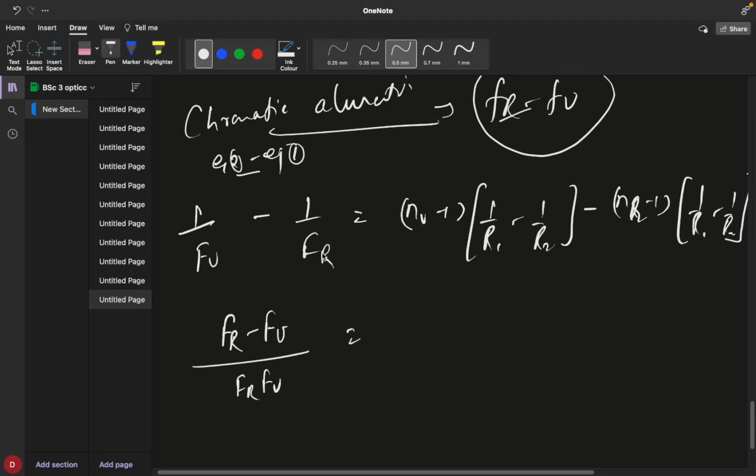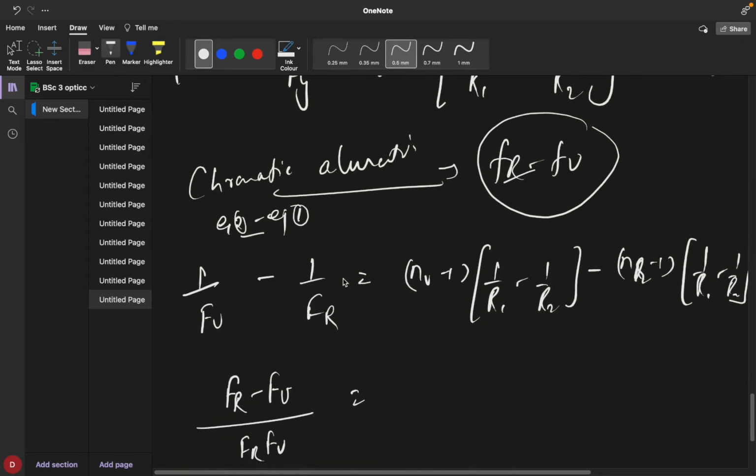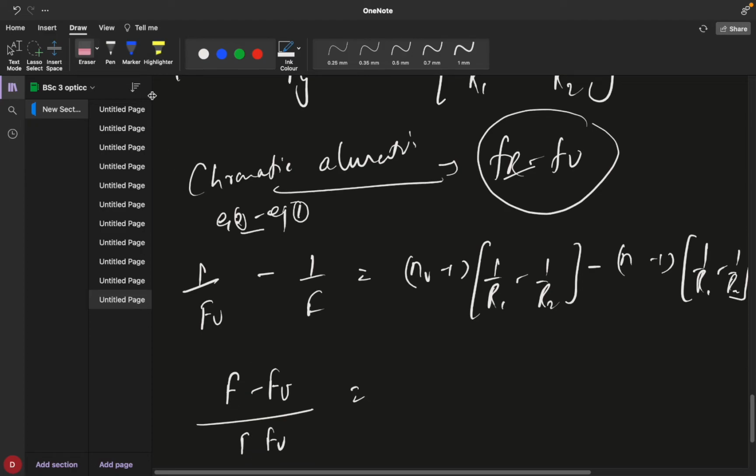We had taken small r for red, so just write it as small r, otherwise it will create some confusion. On taking the LCM, we get (Fr minus Fv) upon Fr Fv.